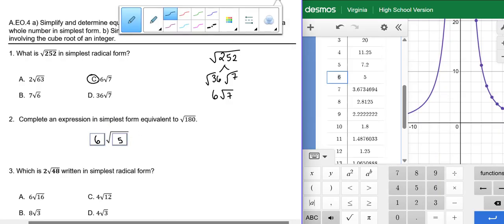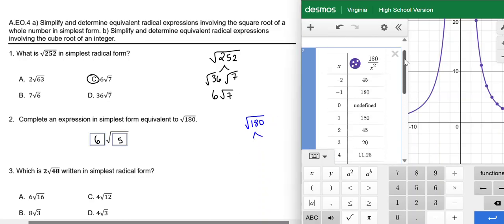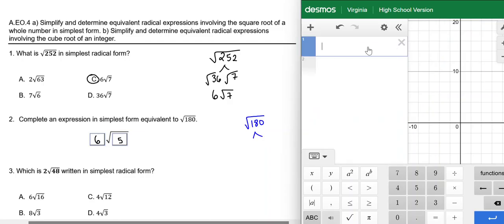Okay, let me do it the other way if you don't think you can remember the steps. To simplify 180, you're trying to see what goes into 180. You can try to guess some numbers, but since you have Desmos nicely available, just look for some perfect squares. I can start with 100. That doesn't go into it. Then 9 times 9, which is 81.